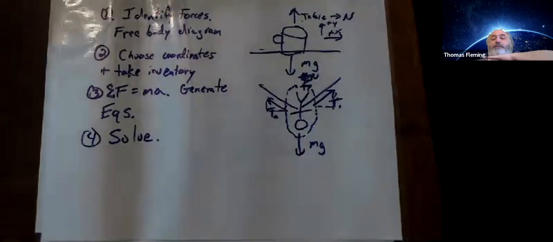So that's the basic process for every single Newton's law problem we ever do. And all we're ever really doing is tweaking that basic formula to fit a few additional scenarios. That's it. That's the whole deal.